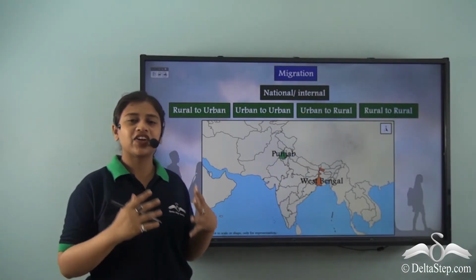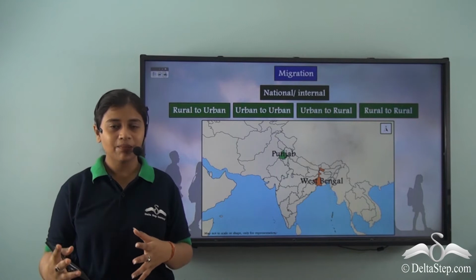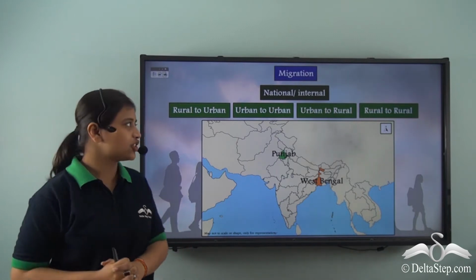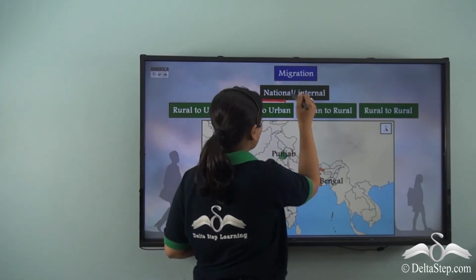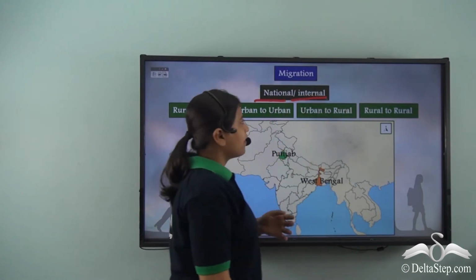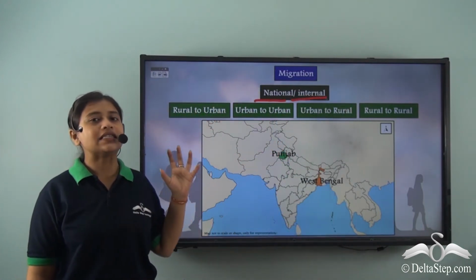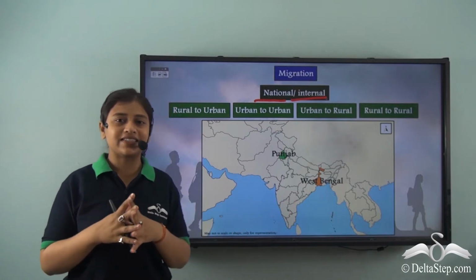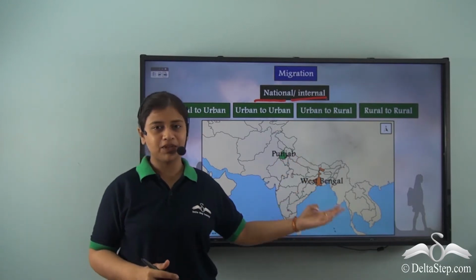So just like migration can be international, another type of migration is national or internal migration. Now what do we mean by national or internal migration? Well, to understand this, I have a simple example here.